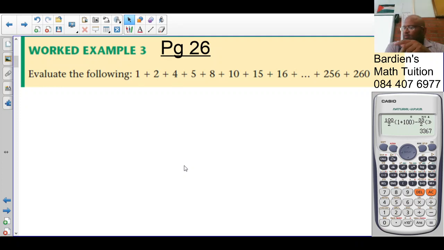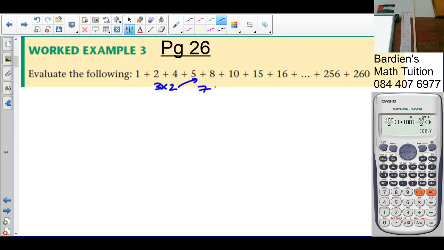So you're saying 3 is missing, so 3 times 2 is 6, which is also not here. The next number that's not here is 7. 7 times 2 is 14, which is also not here. But how is that going to make a generated pattern for us? It's not. What else do you notice?